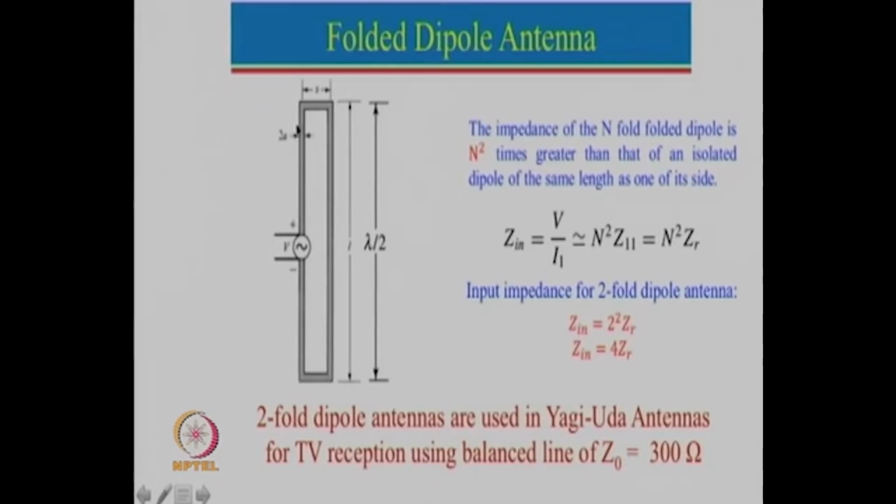So if you use a thin one here compared to this one here, then this impedance will be slightly more than 4 times. Whereas if this diameter is larger than this diameter here, then the input impedance will be slightly less than 4 times. So one can control the impedance by designing these dimensions properly.